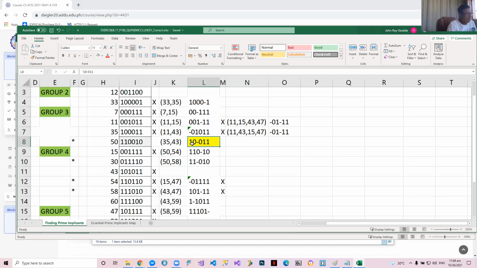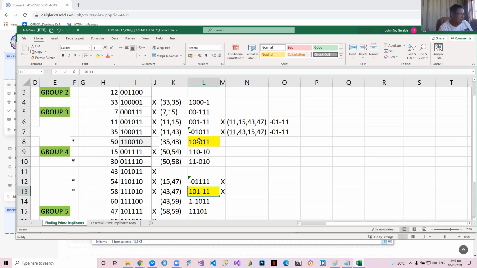Okay. 3 ones to 4 ones. This cannot be right. Let's yellow this to make it clear. 1, 0, 1. They are different. Dash here, 0 dash. It cannot be, right? It cannot be because the 1, 0 are the same.